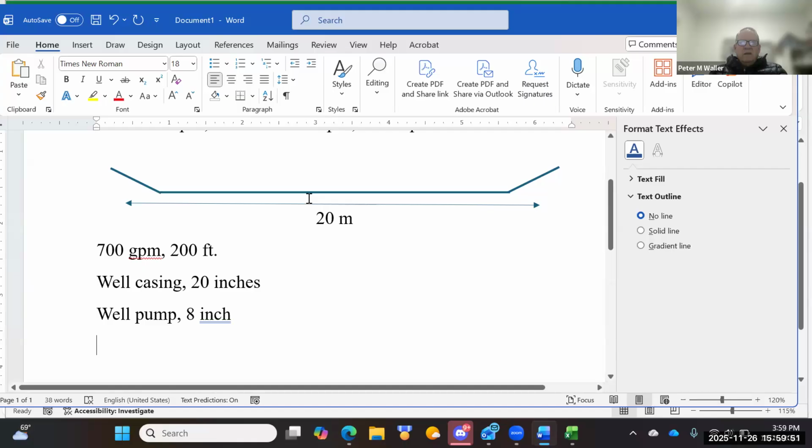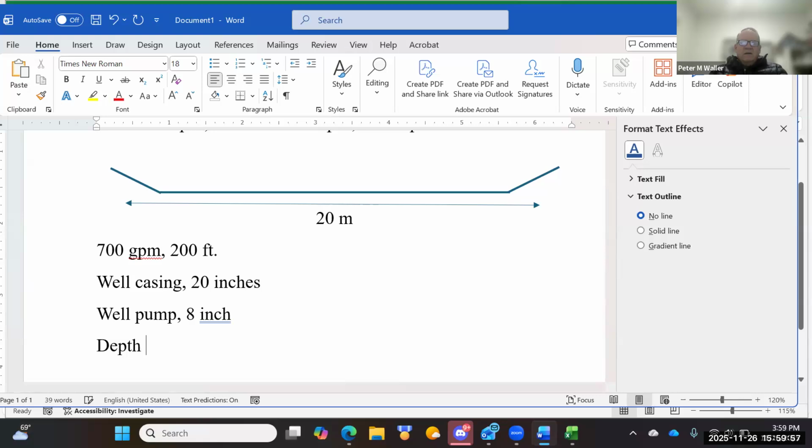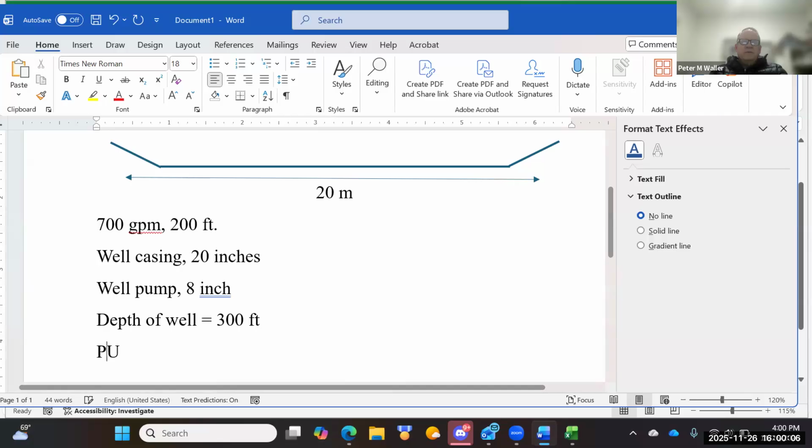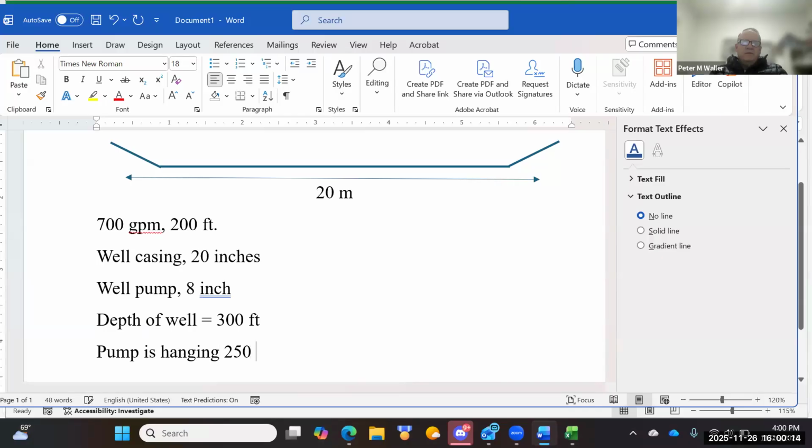And so let's say that the depth of the well equals 300 feet, and the pump is hanging at 250 feet depth.